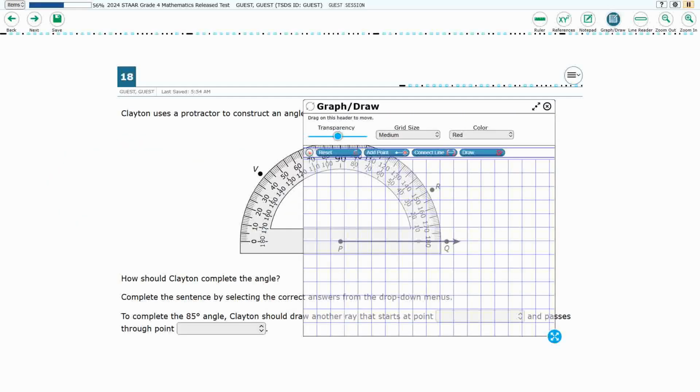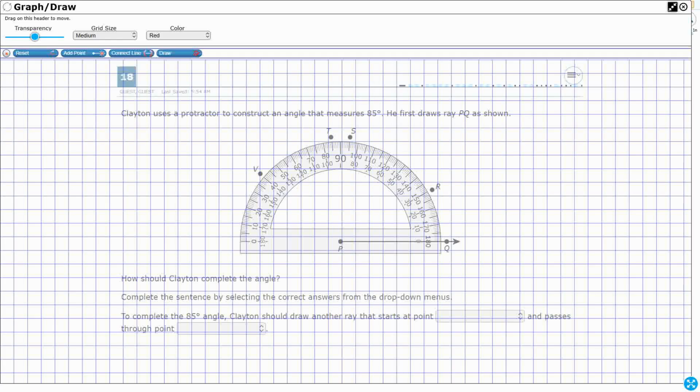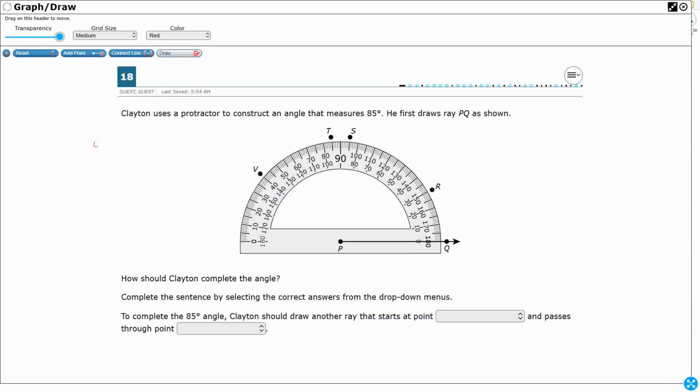For number 18, we are drawing angles. This is 4.7D. And Clayton is using a protractor here to construct an 85-degree angle. We already have one ray down here, PQ. So I know that my other ray needs to start at P and then hit one of these other letters that we have here. 85 degrees.